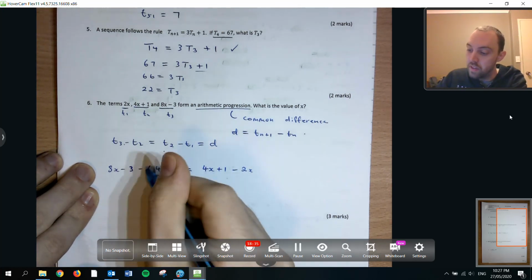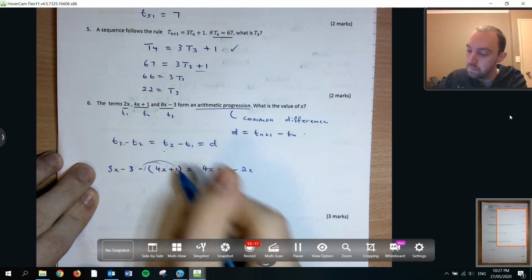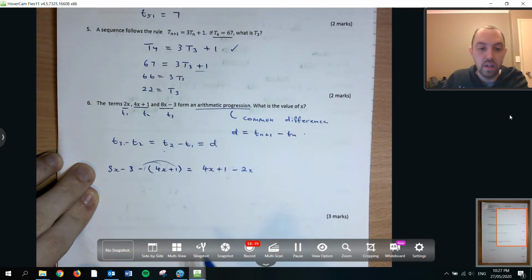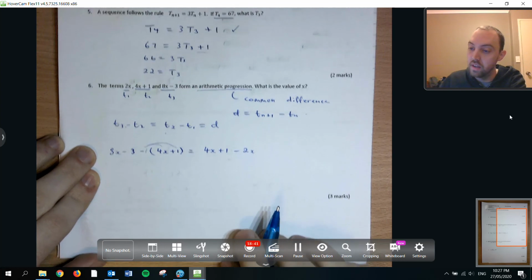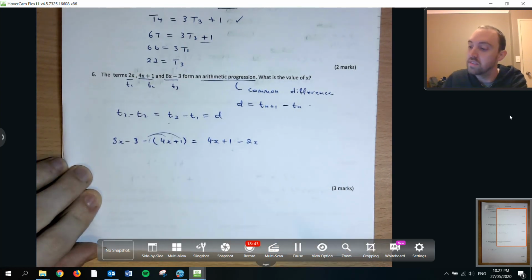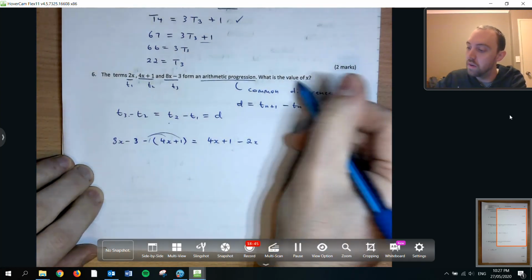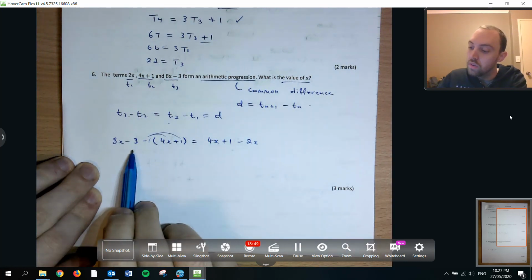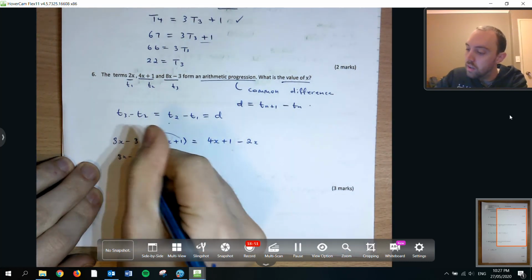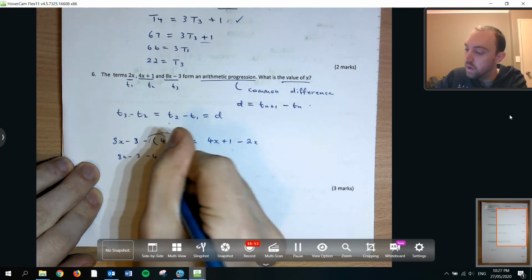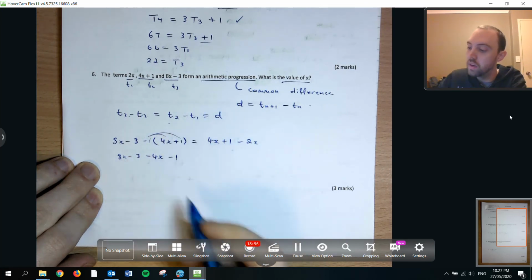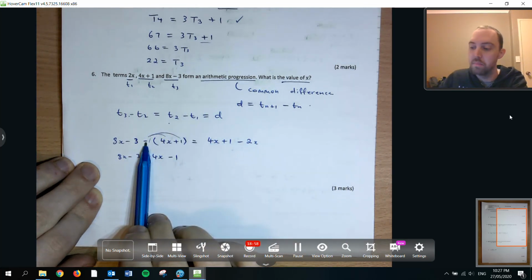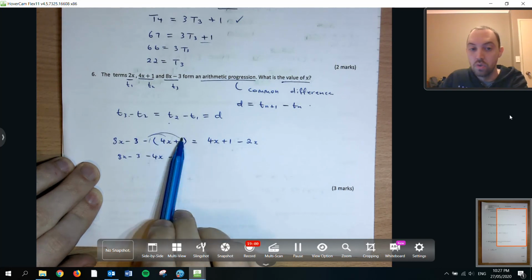So remember that this minus is going to apply to both terms when we need to expand it and simplify to find x, because we need to make x the subject. That's the goal. We need to find what is the value of x. So I've got 8x, take 3, take 4x, take 1. Usually the common mistake is that people don't apply that negative to the plus 1 as well to make it negative 1.